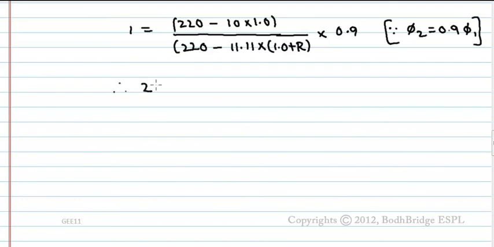Therefore, 220 minus 11.11 into 1 plus R equals 0.9 into 220 minus 10.